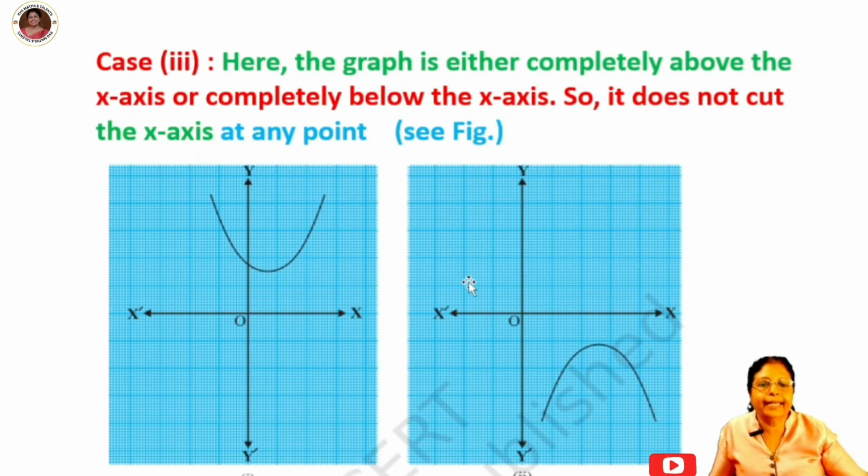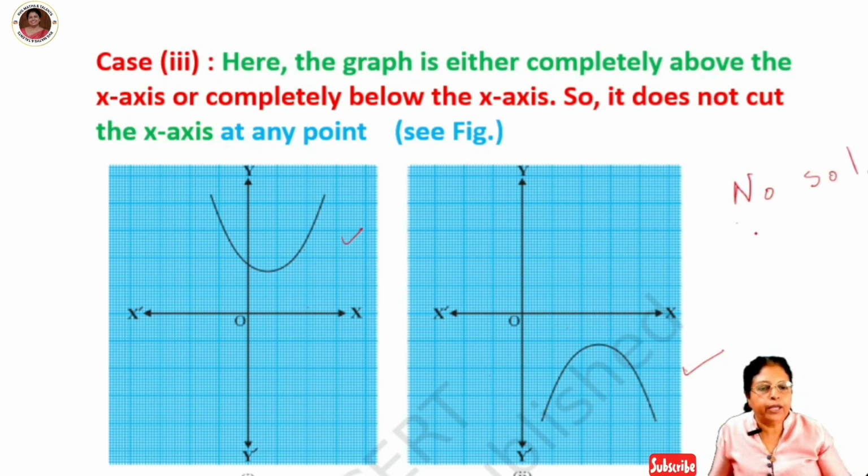This is the third case, but here this graph is above the x-axis and here it is below the x-axis. This graph is not intersecting with the x-axis, that means there are no zeros or no solution for this polynomial.